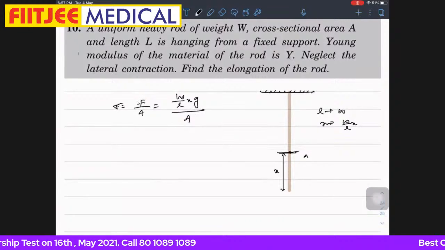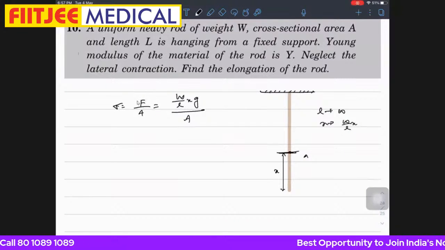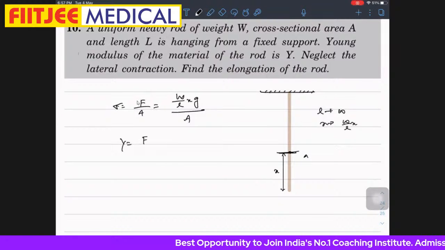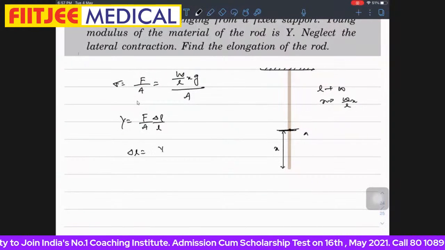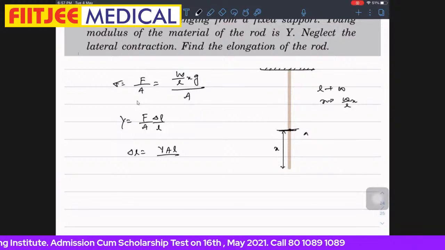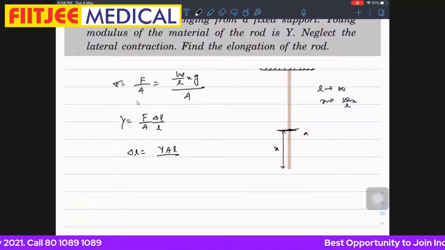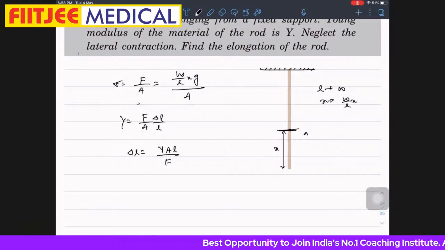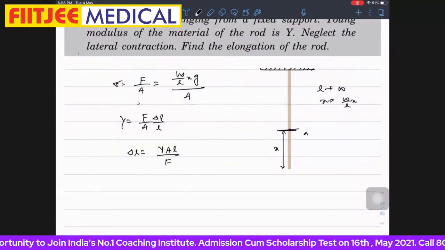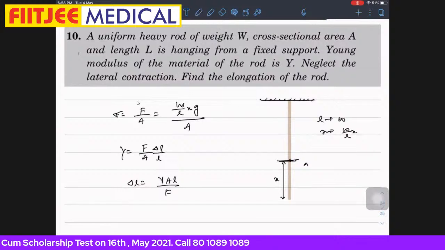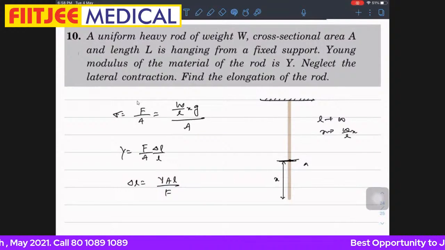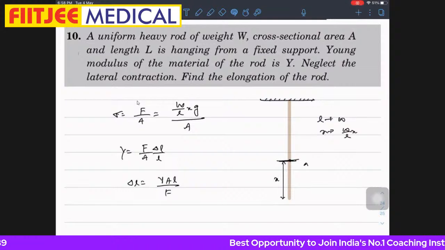What they're asking is to find the elongation in the rod. So what can we write then? Y equals force by area into delta L by L. So delta L, if you want to write, is F L by A Y. Okay, wait.